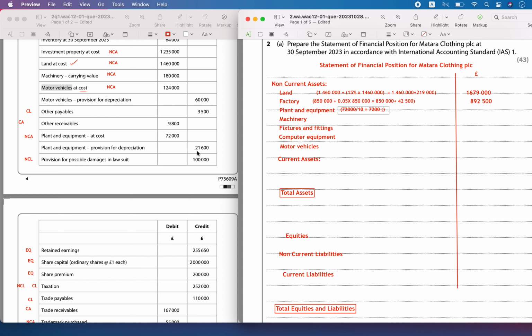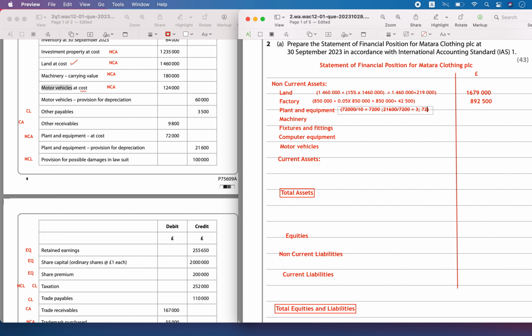Every year it has to be depreciated by this amount. Let's see for 10 years, but let's see how many years it has been depreciated. So 21,600 divided by 7,200 is equal to 3. So we can see that it has been depreciated 3 years. Now let's depreciate it for the 4th year as well.